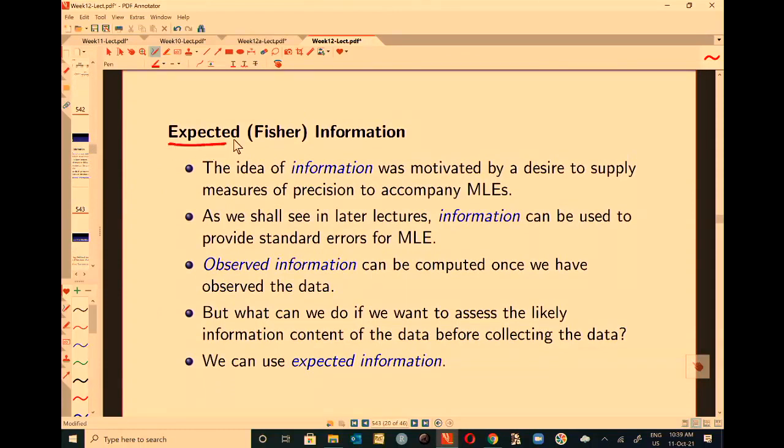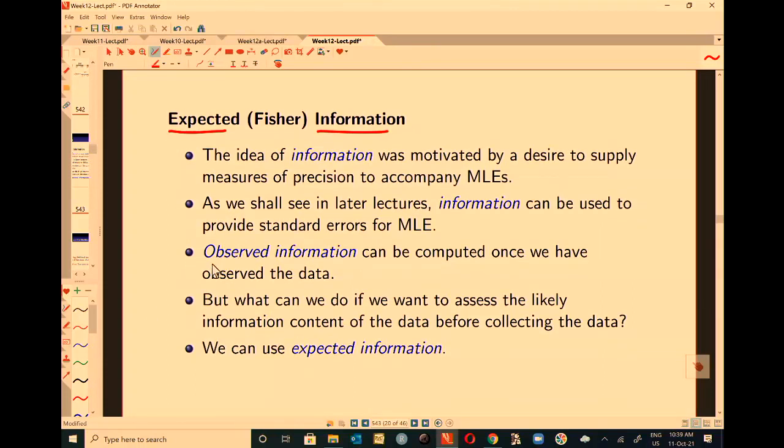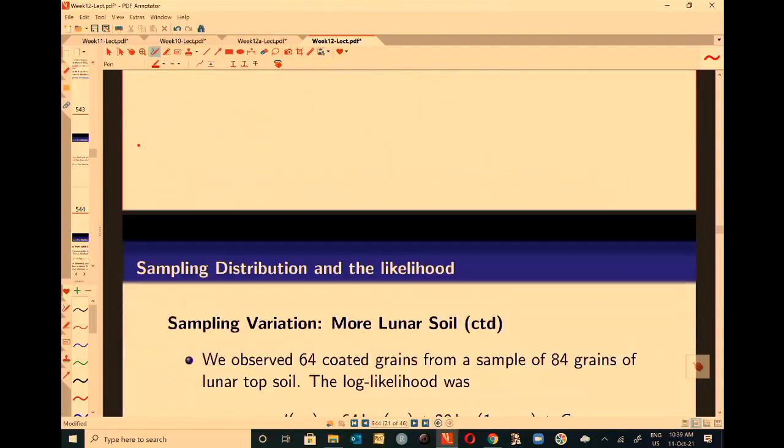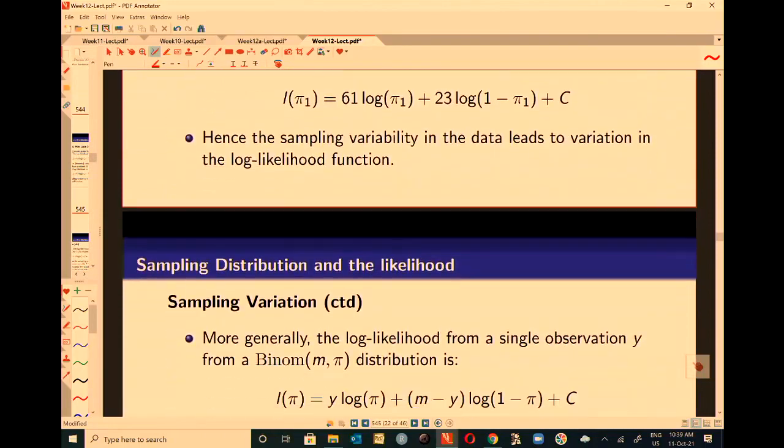The expected information, what we call Fisher information, where you take the second derivatives and expected values of those things, is often rather hard to do. But the observed information is what we often have, and that comes from the data itself. So what I want to get to is this one here.